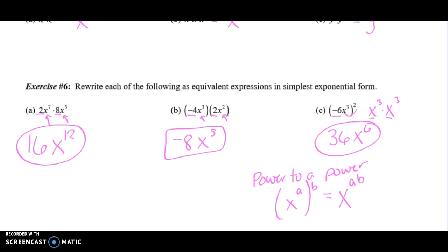So up here, when we were multiplying our numbers together, we added the exponents. But if you're doing a power raised to a power, you multiply the exponents. So that's your other shortcut.